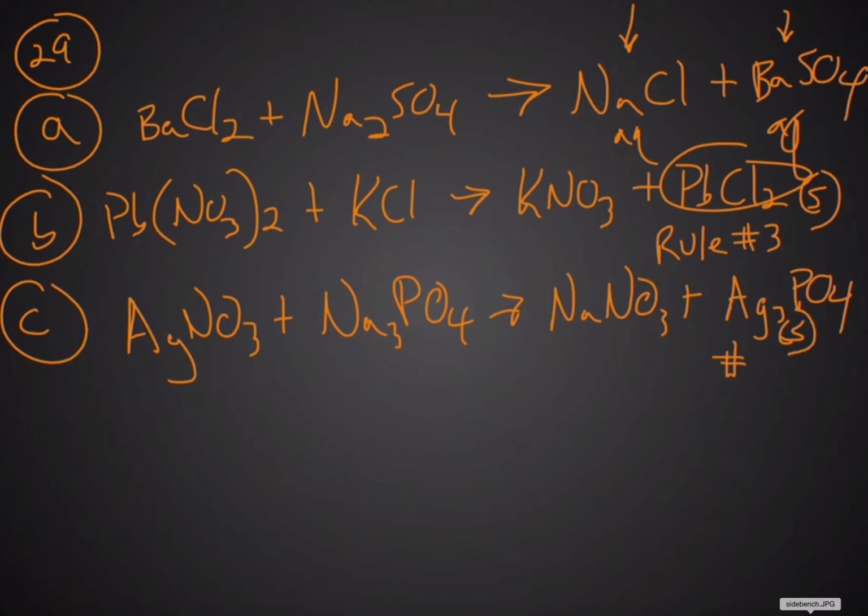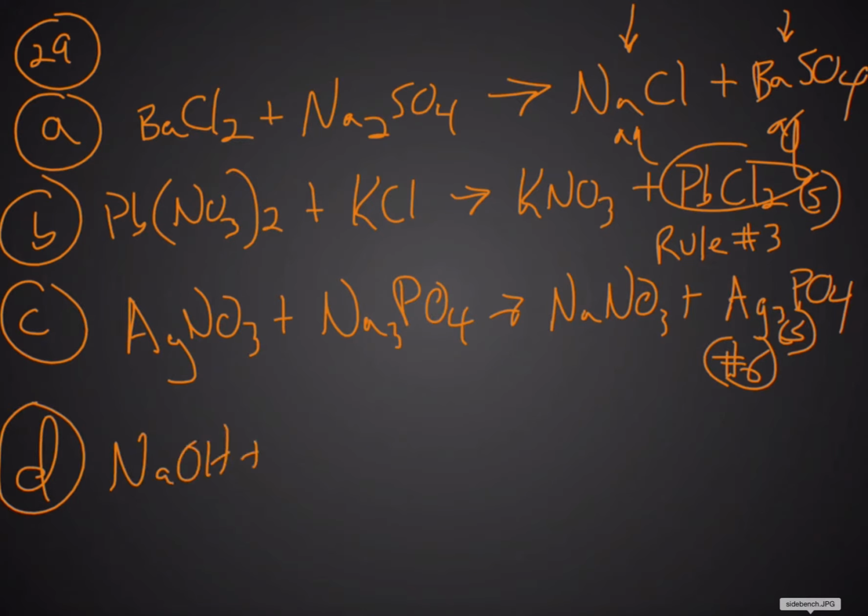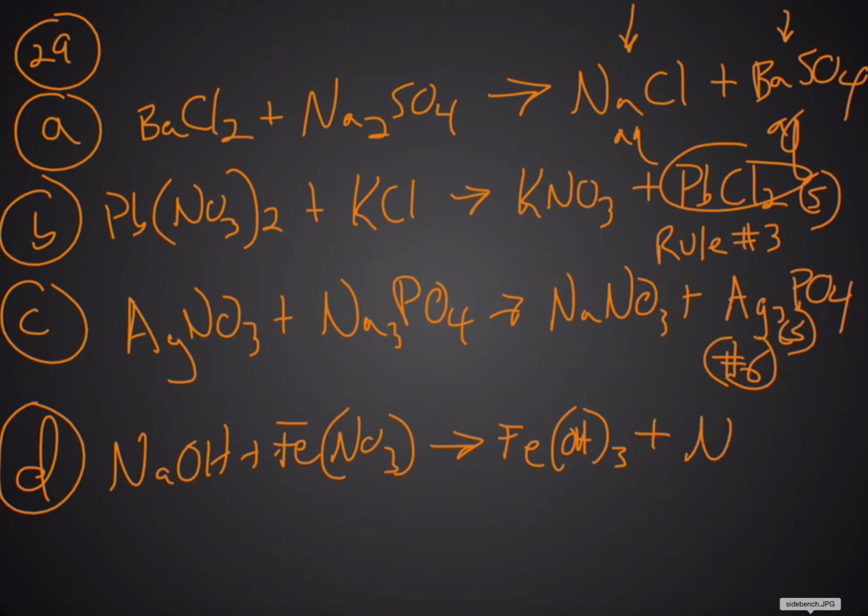The last one on this problem, sodium hydroxide and iron nitrate, would produce iron hydroxide and sodium nitrate. Again, the sodium nitrate is definitely soluble. The iron hydroxide is not soluble. That will be your precipitate, and that's according to rule number 5 in the chart.